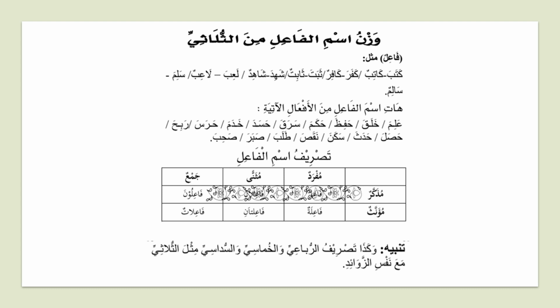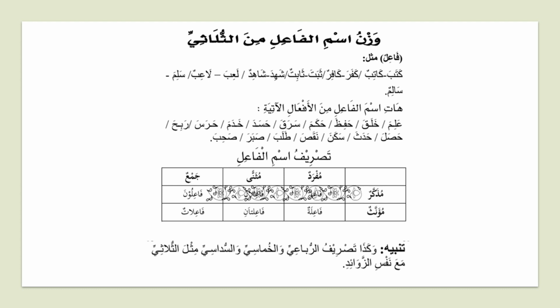If you were to go through some of the common examples here, you have hasada. Hasada is to envy. The one that is envious is called a hasid. Another famous one is hafidha, to memorize. The one that has memorized, it's commonly used for someone that has memorized the Quran.